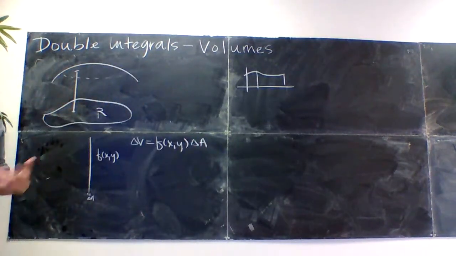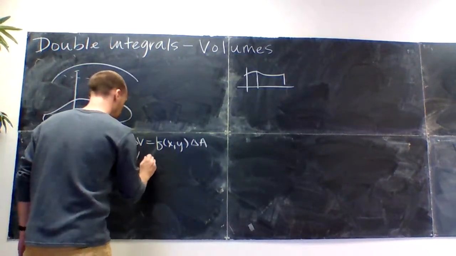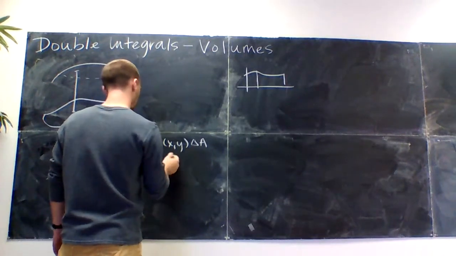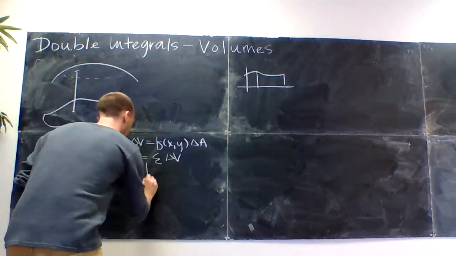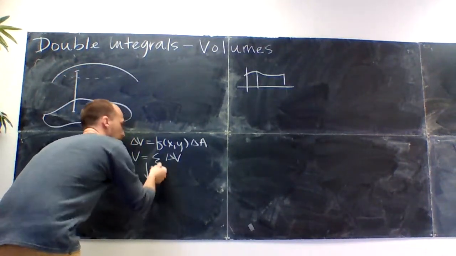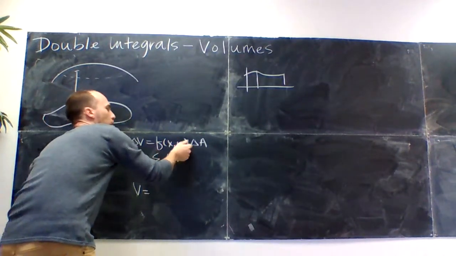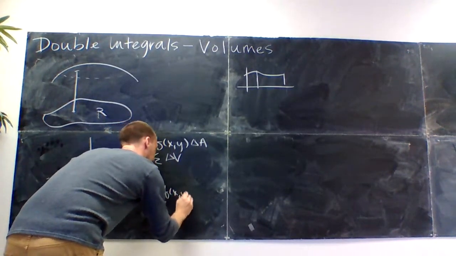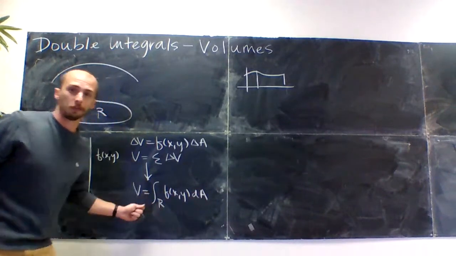And in order to get all of the volumes, I'm going to have to add up all the small pieces of volume. The sum of delta V, which in the limiting case is going to go towards volume equaling the integral of f of x and y dA on R. Now we know because we're taking the integral dA, this is actually a double integral.